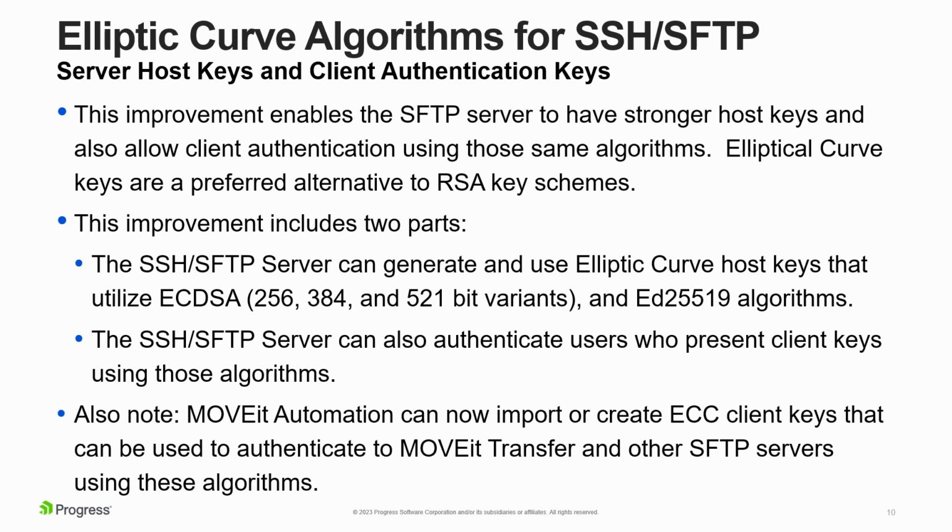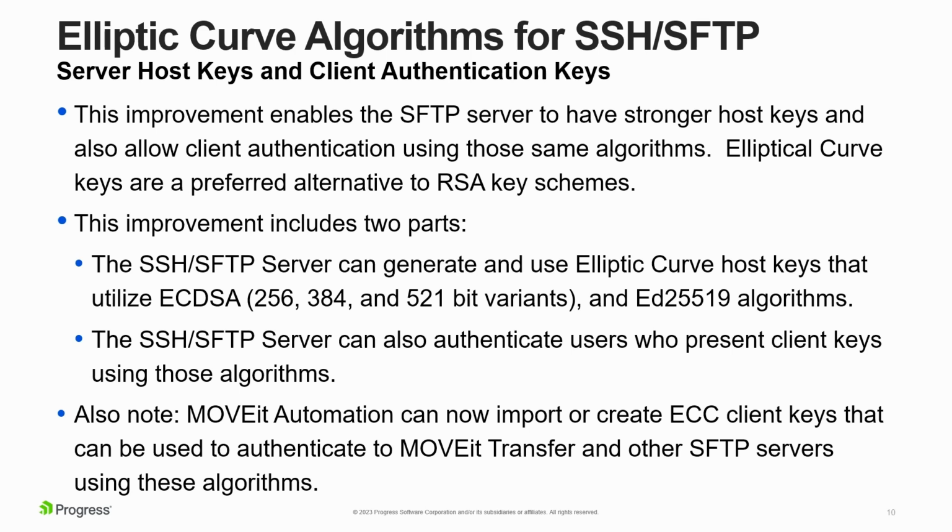We can generate, using this elliptic curve algorithm, keys that are 256, 384, 521-bit variants. And to put it in perspective, that would be something like the functional equivalent of a 15,000-bit RSA key in terms of security.